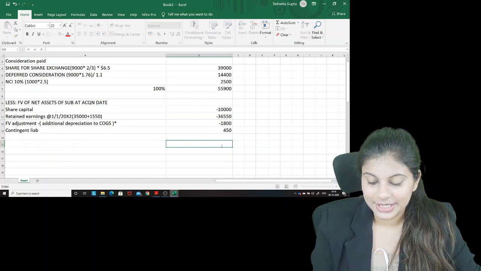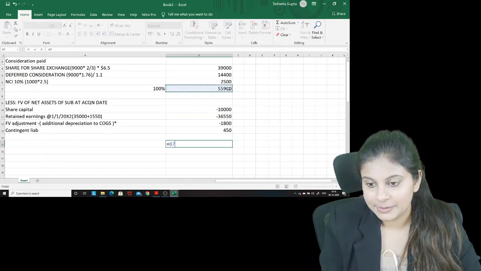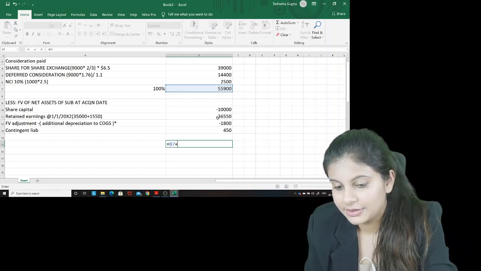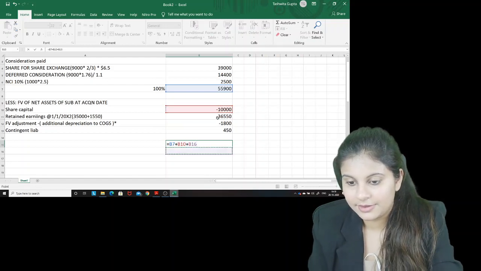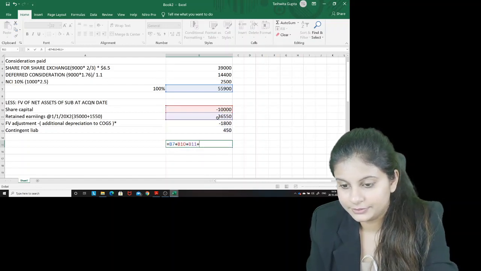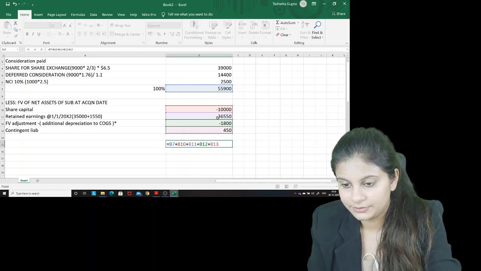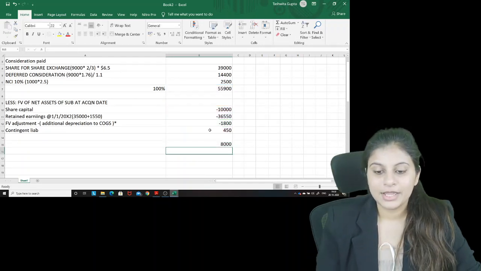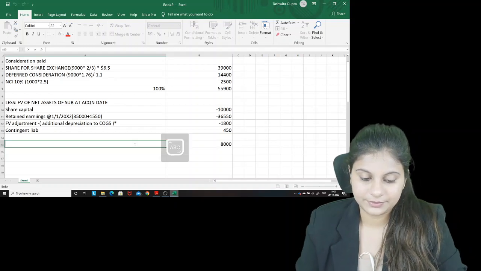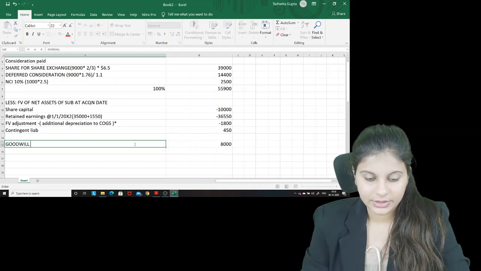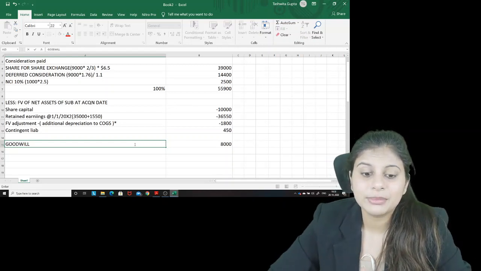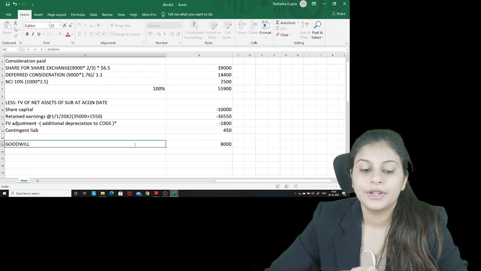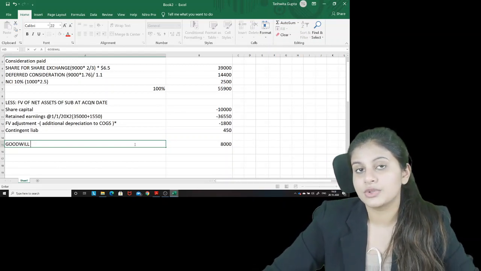Okay, so again, this plus all these cells, yeah, so that is your goodwill, 8,000. So we are done with the 7-marker question here. We've calculated everything, and the only thing which you need to keep in your mind is this additional depreciation, which will also go to COGS.